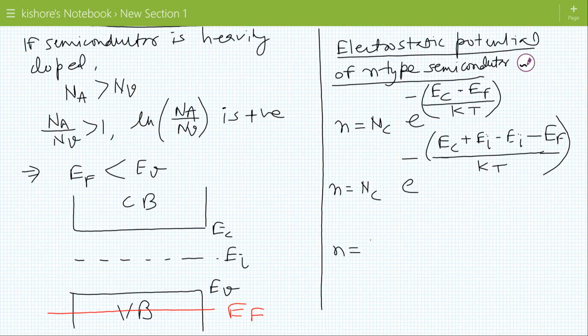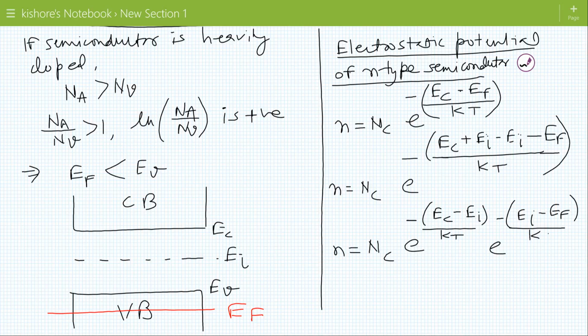This n is Nc e to the power minus (Ec minus Ei) by kT into e to the power minus (Ei minus Ef) by kT.